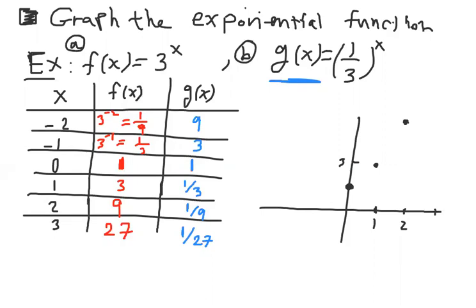At 3 it is 27. And for minus 1 it is 1 over 3, a small number. At minus 2 it's 1 over 9, which is less than 1 over 3, and so on. So the graph looks like this. This is the function f of x.